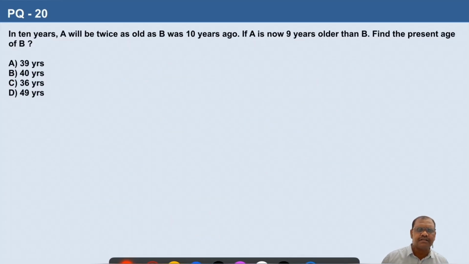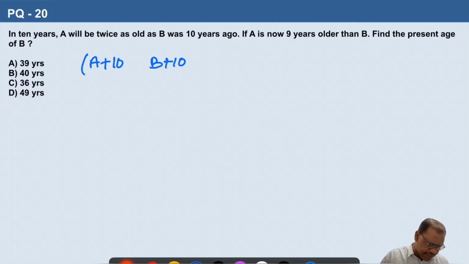Question number 20. In 10 years, A will be twice as old as B was 10 years ago. If A is now 9 years older than B, find the present age of B. In 10 years, so let us assume the present ages of A and B as A and B. In 10 years, add 10 to both.